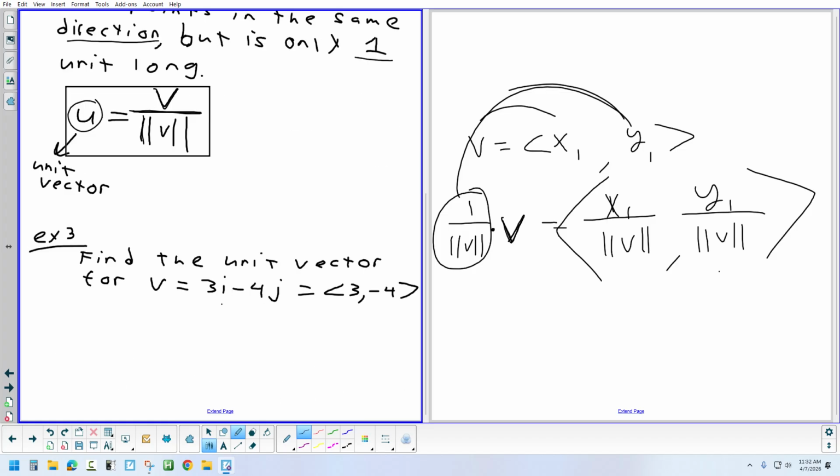Okay, so let's try this one. It says find the unit vector that corresponds to 3i minus 4j. I drew a picture of this kind of earlier. What's the magnitude of 3i minus 4j? Yep.